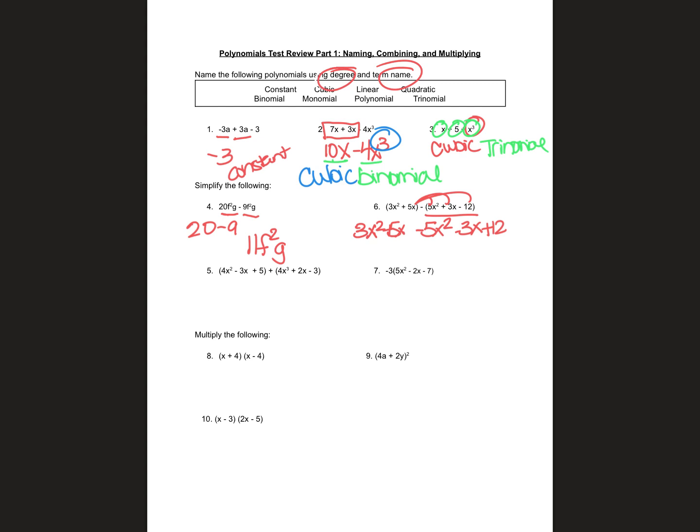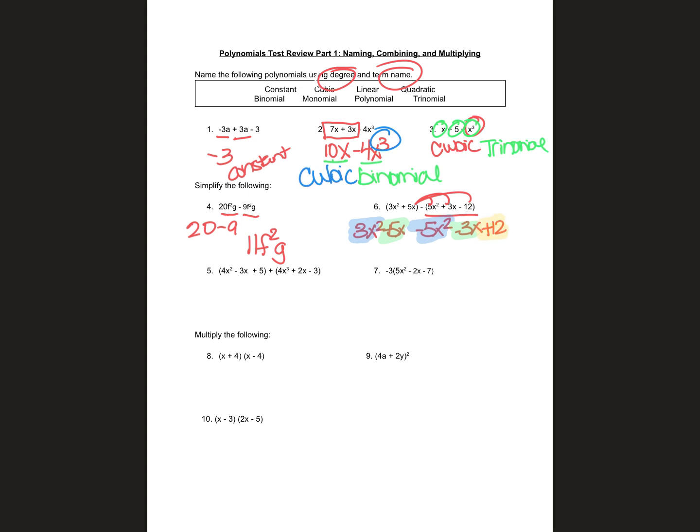Now I want to look for like terms. So here I have 3x squared and a negative 5x squared. I always want to make sure that I take the sign with it. And then a positive 5x, a negative 3x. And then it looks like here my constant of 12 is standing alone.